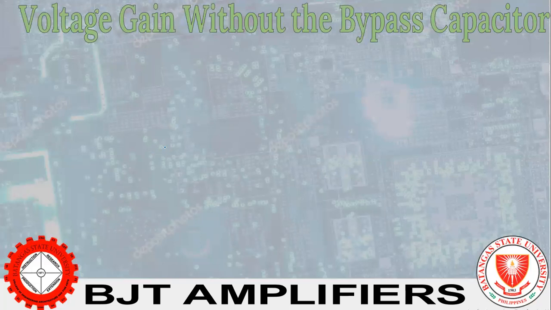So, therefore, yung AB natin, sa halip na RC over RE prime, magti-take effect yung ating RE kasi wala nang dahilan. Kung wala yung capacitor, wala nang magkokos sa kanya to make it short. Para mag-short yung ating emitter resistance. Kaya siya magiging RE prime plus RE, naka-series na siya.